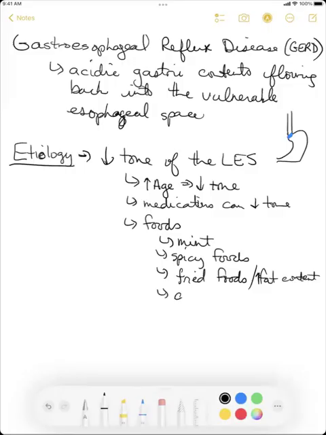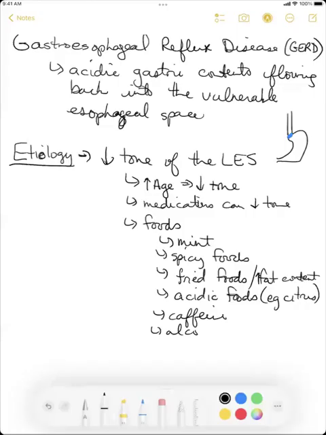Acidic foods, like citrus, for example. Caffeine, alcohol, all of these foods, like chocolate. Basically, if it tastes good, it'll lower the lower esophageal sphincter tone and can lead to reflux.